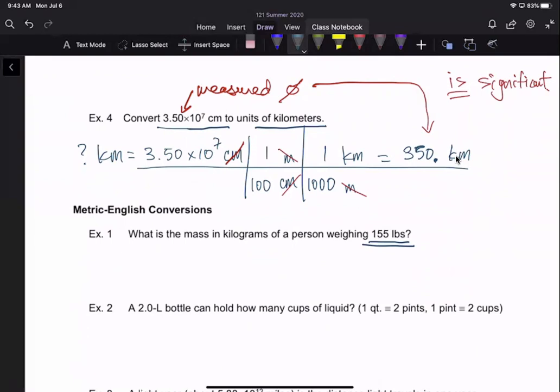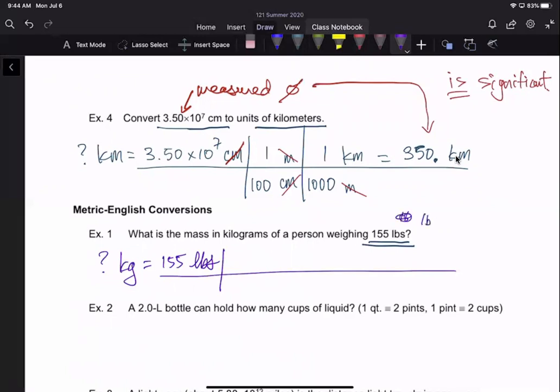Okay, so how many kilograms equals 155 pounds? And I'm going to write that in cursive just so that it doesn't look like a number, like 1, let's see, 1 lbs can sometimes look like 165. So I just write it in cursive.